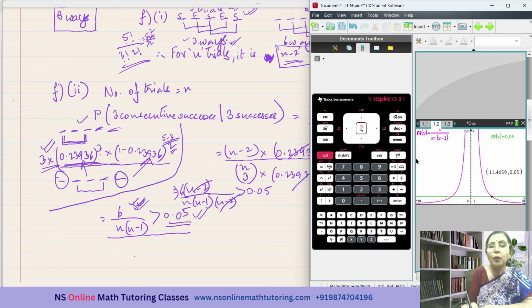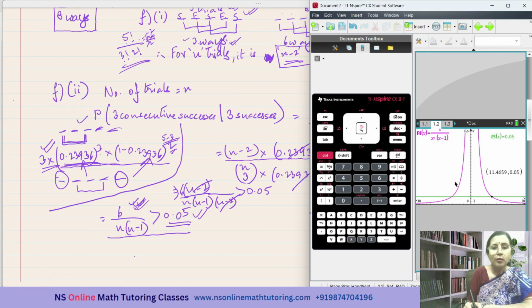So n cannot be a negative integer. I'm not getting the coordinates of this intersection point because this is towards the left side of the y-axis. So the x value will be negative. We cannot have n value as a negative number. So I will be taking this value.